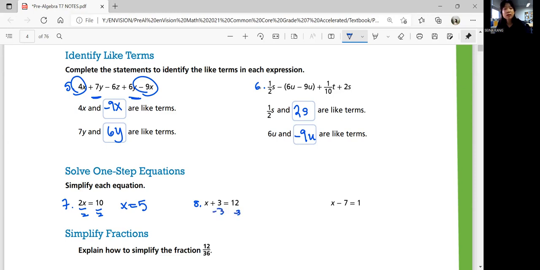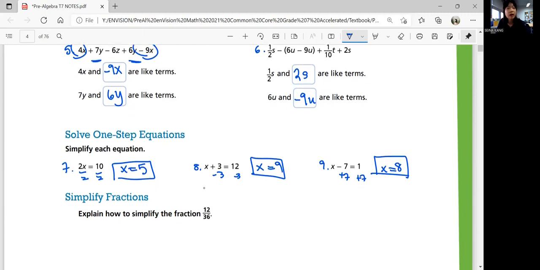Subtract 3 on both sides and you get x is equal to 9. Number 9, x minus 7 is equal to 1. You add 7 on both sides and you get x is equal to 8. All right, we simplified the expressions by solving for x.